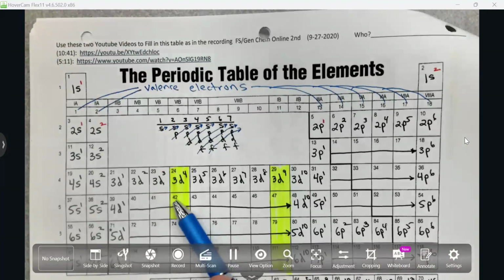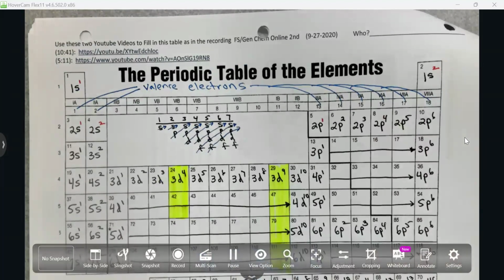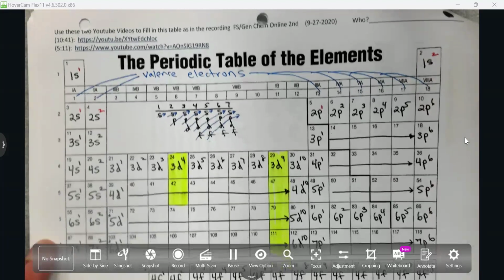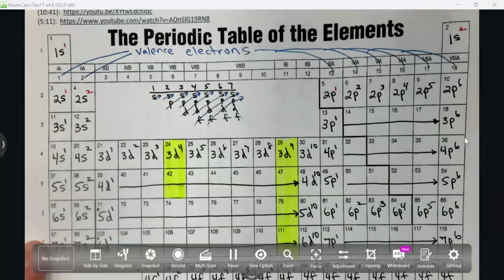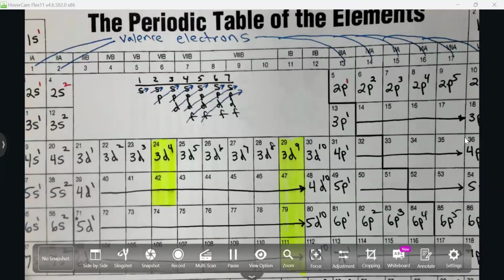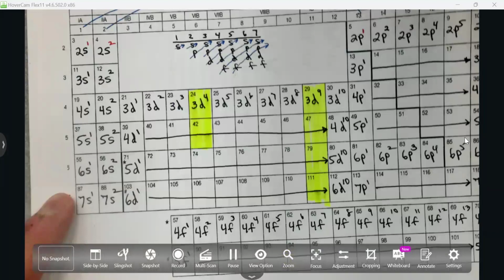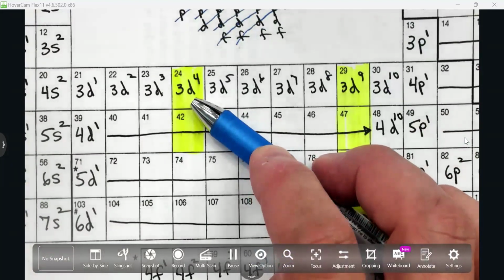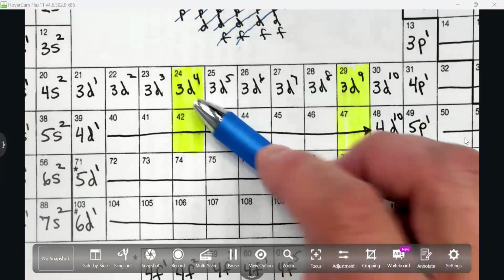Now, I can explain these 2 exceptions to the octet rule, or to our electron configuration notation. So if we look at chromium here, now your electron configuration notation's on your table, right?